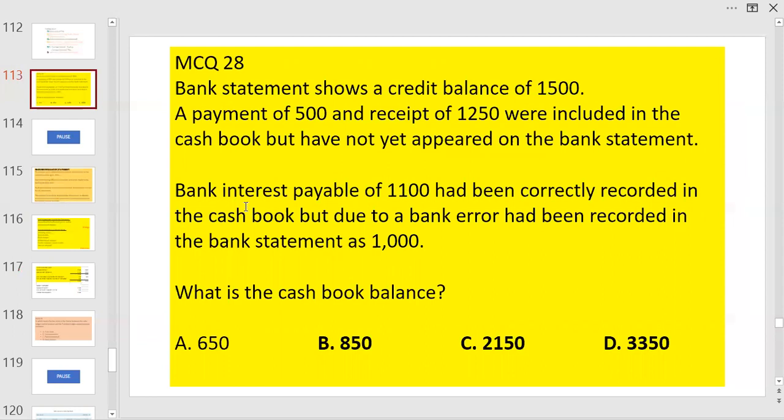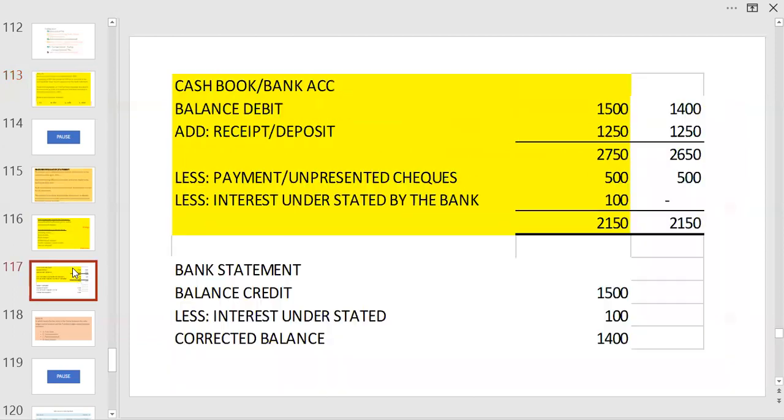So therefore, you'll have to deduct that as well. So in this question, it is deducted here. So the corrected cash book balance will have to be 2,150. So this will serve the purpose to answer this question.